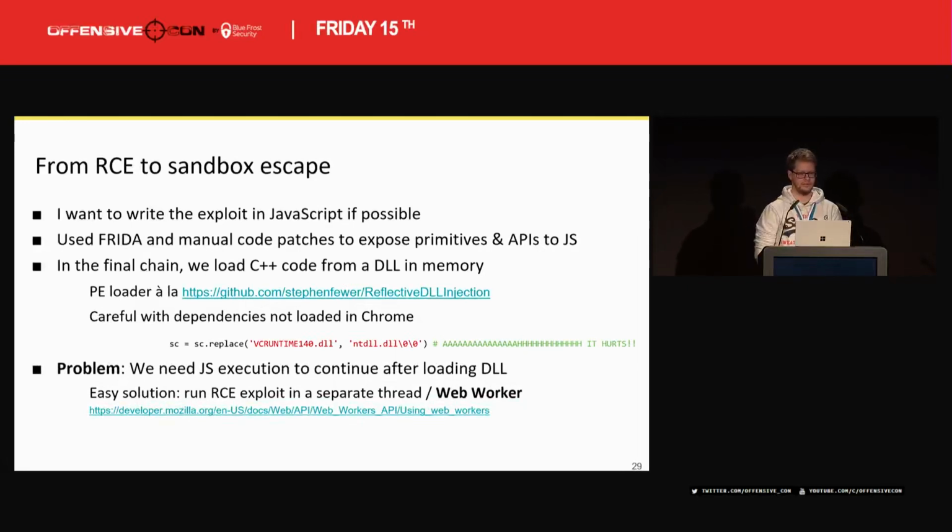And since Samu's bug was actually a JavaScript engine bug, instead of doing all the continuation dance and fixing up everything, we just ran the exploit in a separate thread using web workers. And then at the end of the shellcode, which did some patching and stuff, it would just go into an infinite loop, and the other thread could continue executing JavaScript. So I think that's a neat trick to make your life a lot easier.